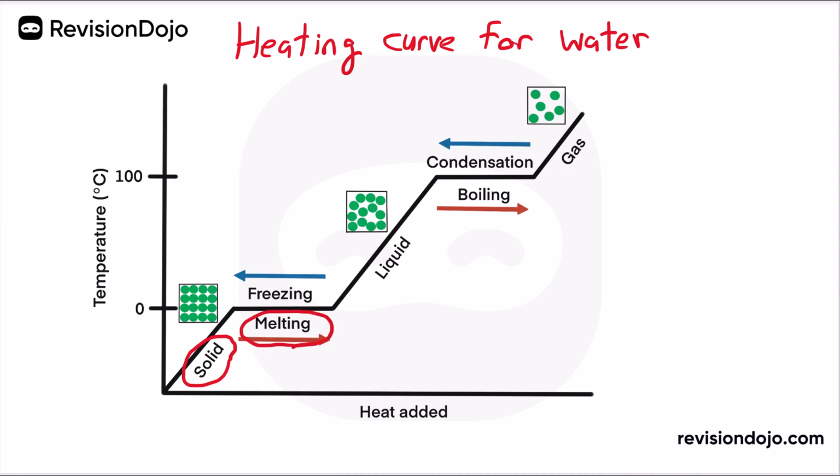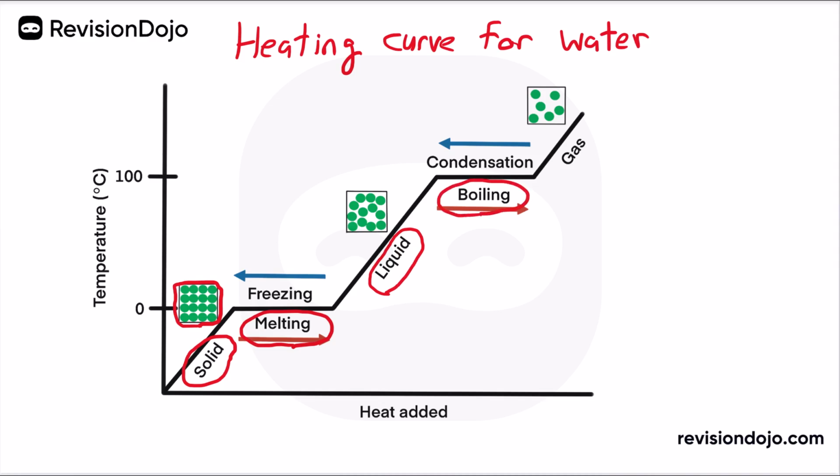What you'll notice here is that as the ice is melting, the temperature does not change. This is because the heat that's added is being used to overcome the intermolecular forces between the particles in the solid. Once the ice is melted, we then have liquid water, and we then start to see the temperature increasing again, until we reach 100 degrees C where the water starts to boil.